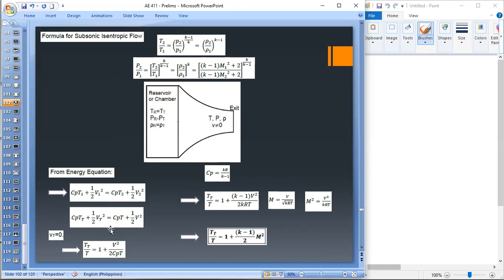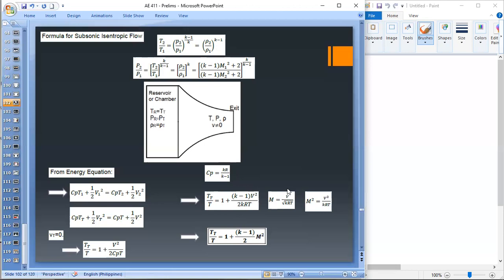So we put it here, cancel the velocity into 0, then equate it to the energy equation. So the total temperature over temperature 1, wherever the point is, equals 1 plus V squared over 2 times specific heat at constant pressure times temperature. We know that specific heat at constant pressure equals Kr over K minus 1. We just substitute that.